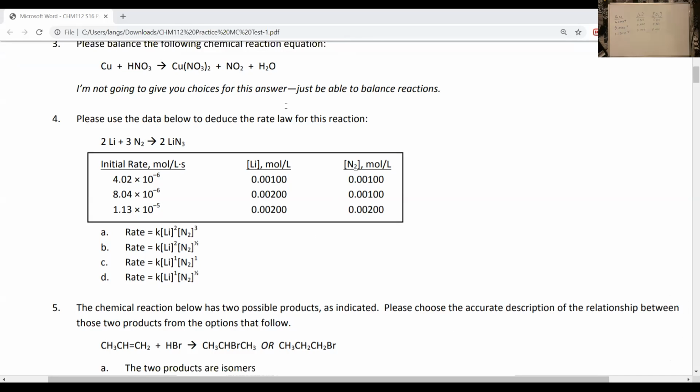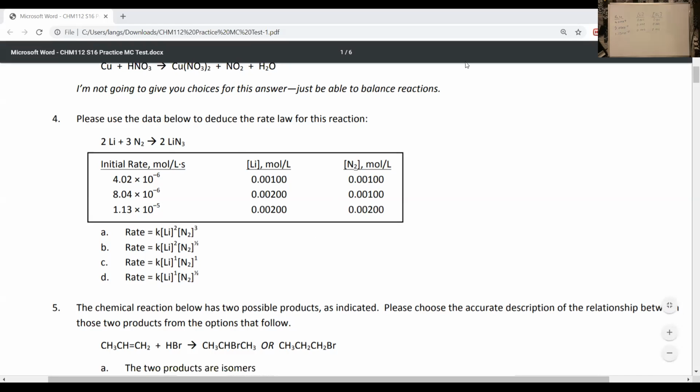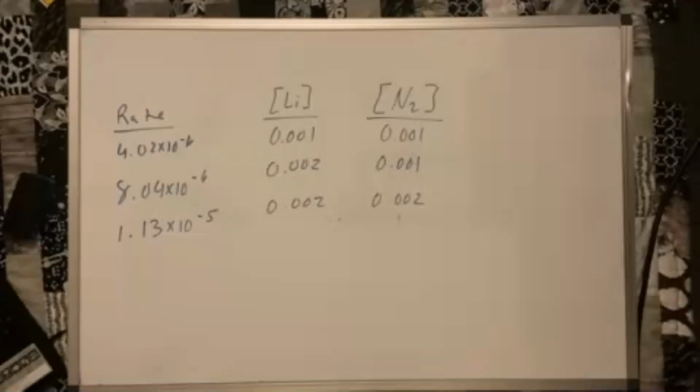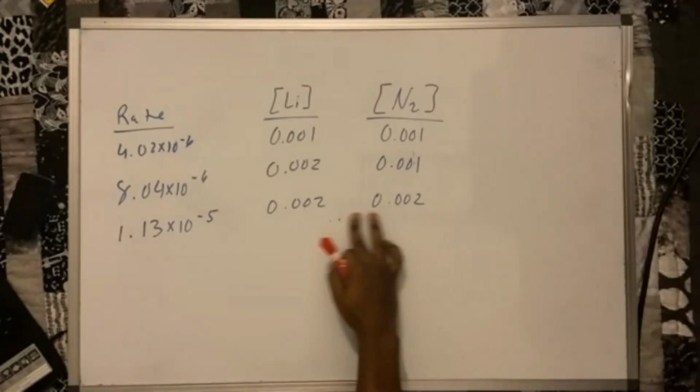Here's that table. Right, I don't care about the reaction right now, because my exponents aren't determined by that. They're determined by this data.